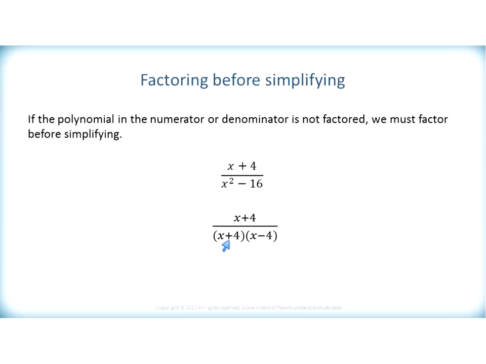And so we factor it to be x plus 4 times x subtract 4. We can now cancel common factors of x plus 4 and x plus 4, leaving us with 1 over x subtract 4. X cannot equal negative 4, and x cannot equal 4.